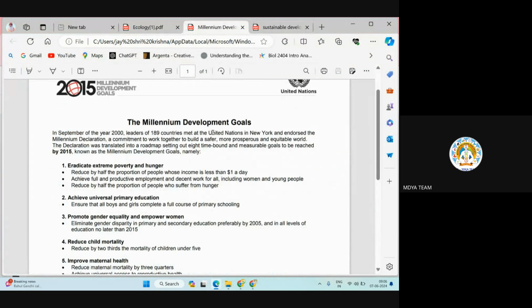So, in September 2000, it actually started around the 1980s. There started industrialization. People started developing their nations. In order to develop, they forgot about the environment.